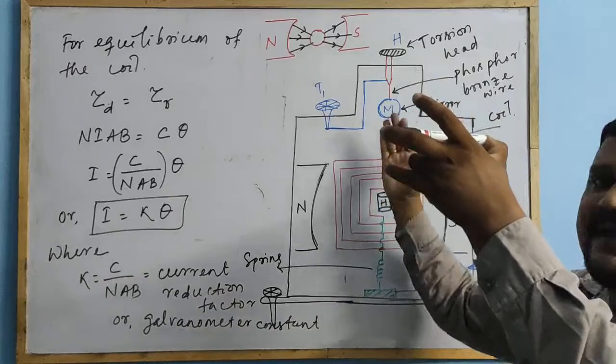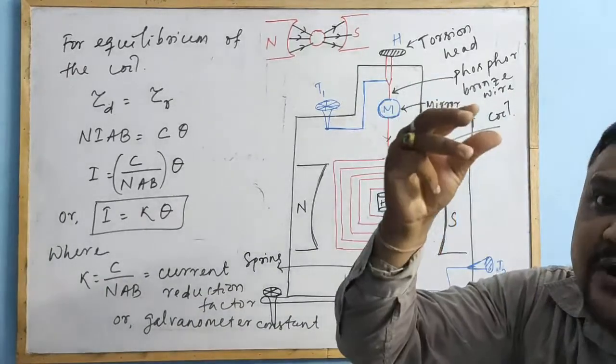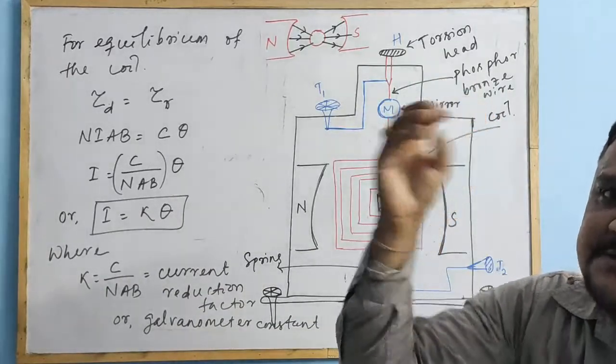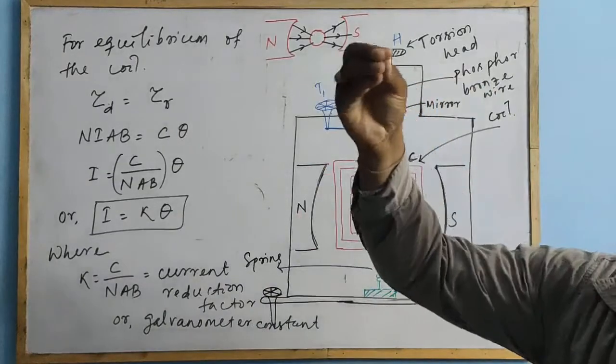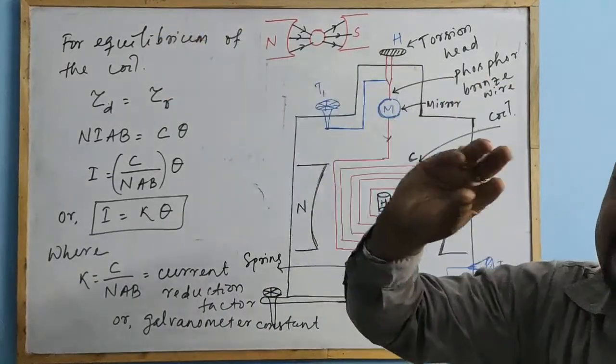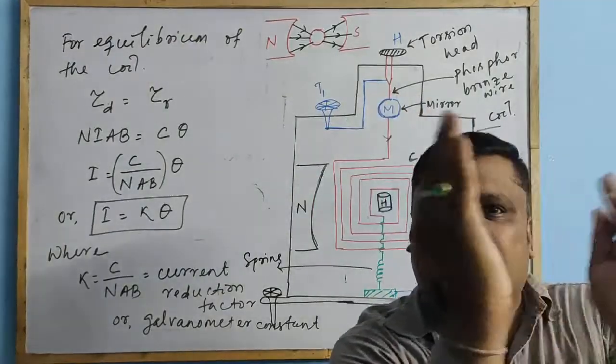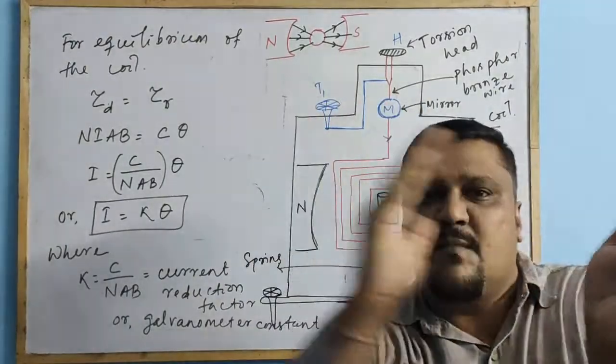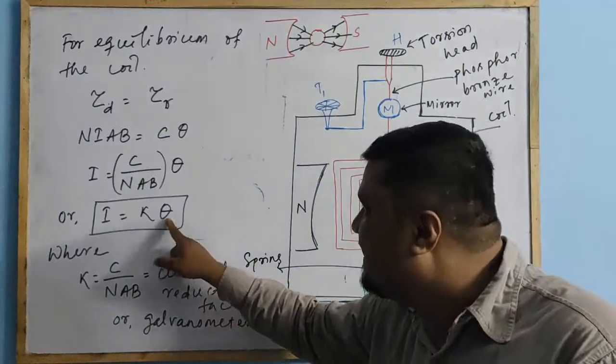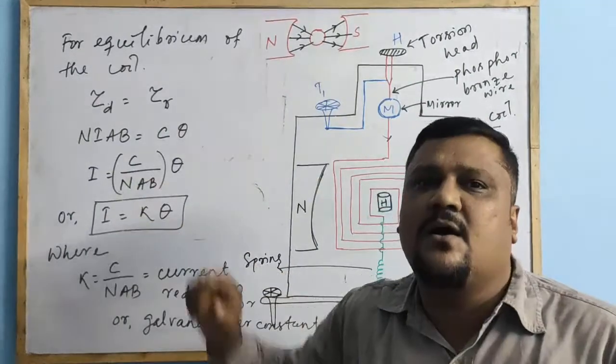If the coil deflects, the mirror deflects, and the reflecting spot on the linear scale also deflects. By measuring how much it deflects on the linear scale, theta, you can measure the current.